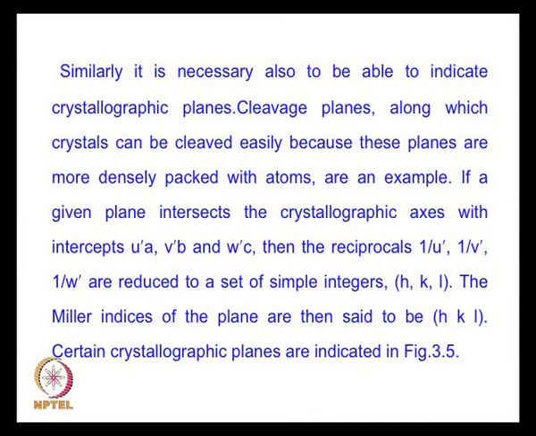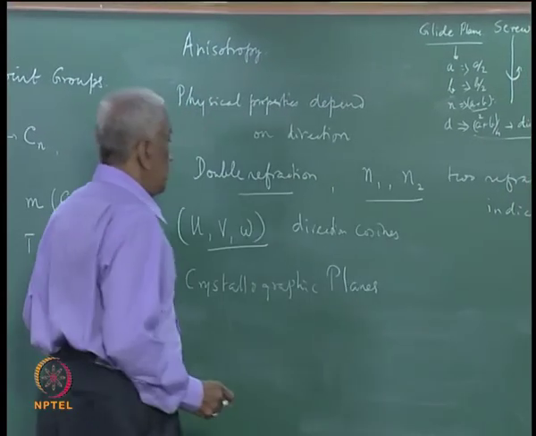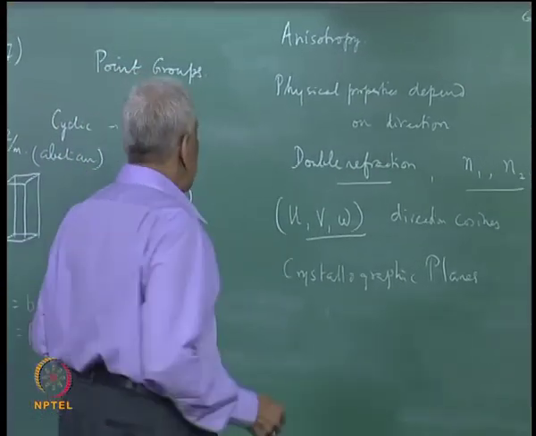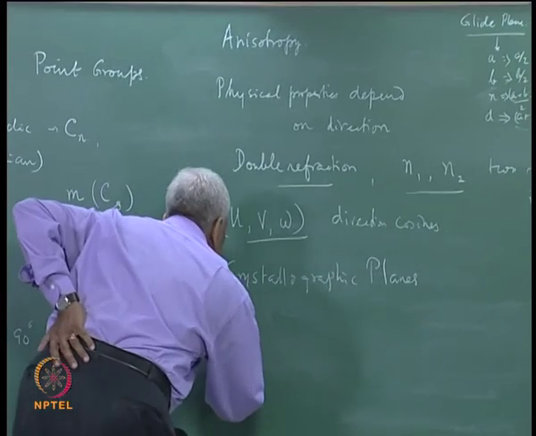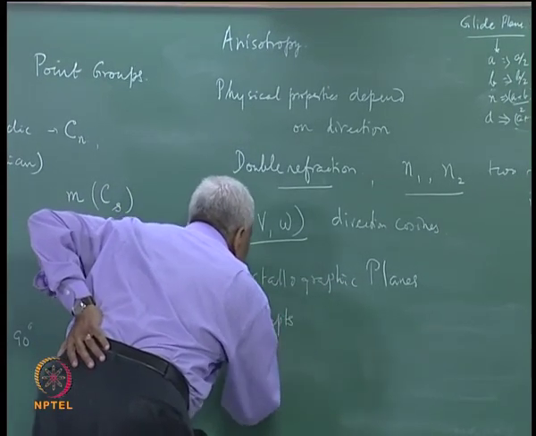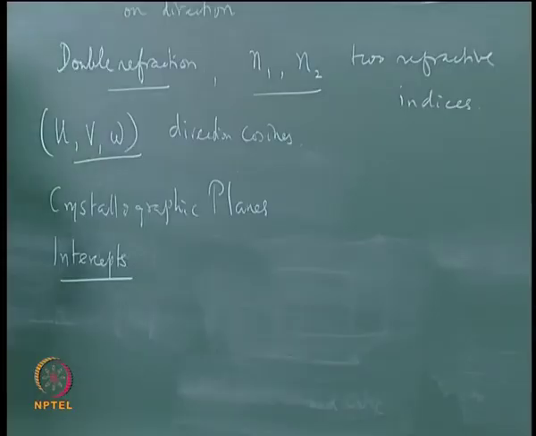So, these are along the cleavage planes, because these planes are more densely packed with atoms. So, how do we talk about the different crystallographic planes? We talk in terms of the intercepts that these crystallographic planes make with the crystallographic axis. So, we measure them in units of the lattice parameters.